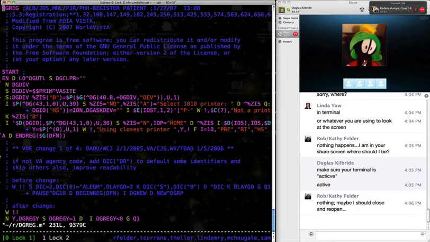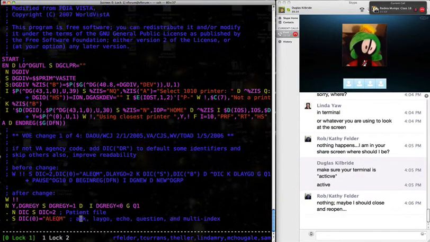DG-Reg. All right. This is the patient registration routine, and I'm trying to find where the lock is. The lock is somewhere hidden here, but I'll find it. There is set, oh, okay. This is the unlock.